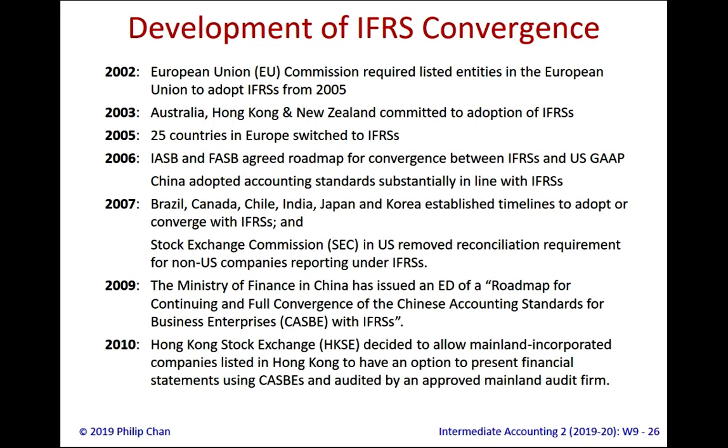One year later, in 2010, the Hong Kong Stock Exchange decided to allow mainland incorporated companies listed in Hong Kong the option to present financial statements using the Chinese accounting standards for business enterprises, audited by an approved mainland audit firm. So you can see that we're increasing the recognition of the international standards. At the same time, we recognize the Chinese accounting standards as well.